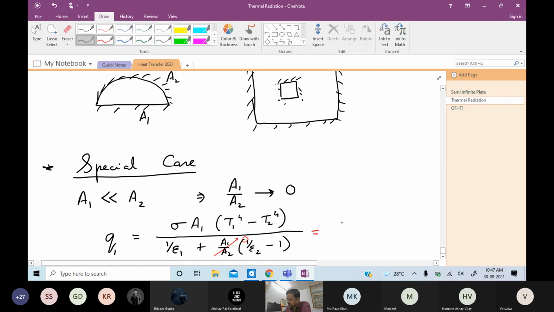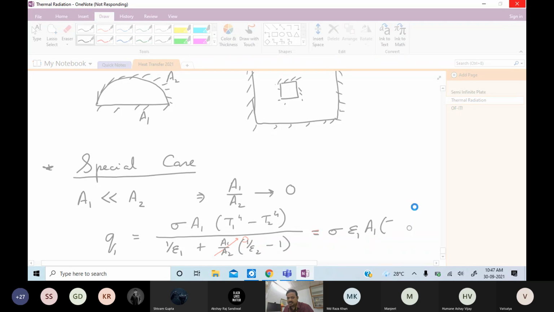So what do you get? What you get is what you knew about radiation before this course. Sigma epsilon 1 A1 T1 to the power 4 minus T2 to the power 4. Sorry, my OneNote is misbehaving a little bit, but you see what you just got.